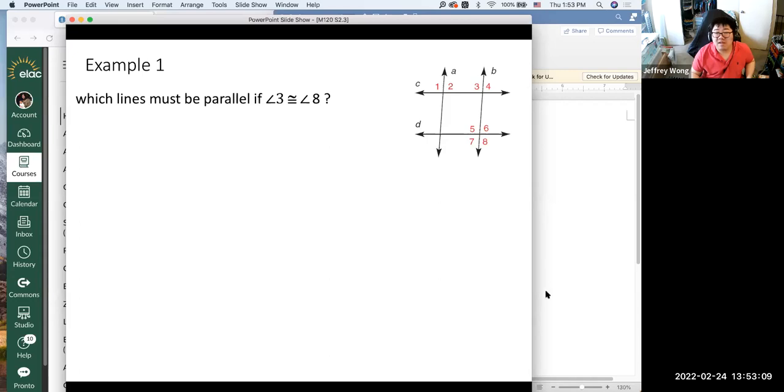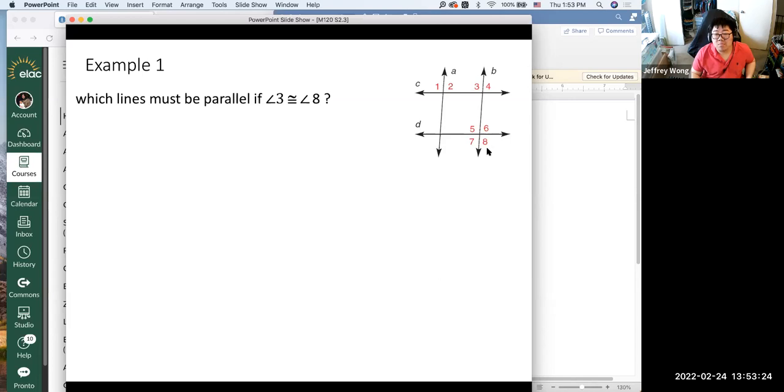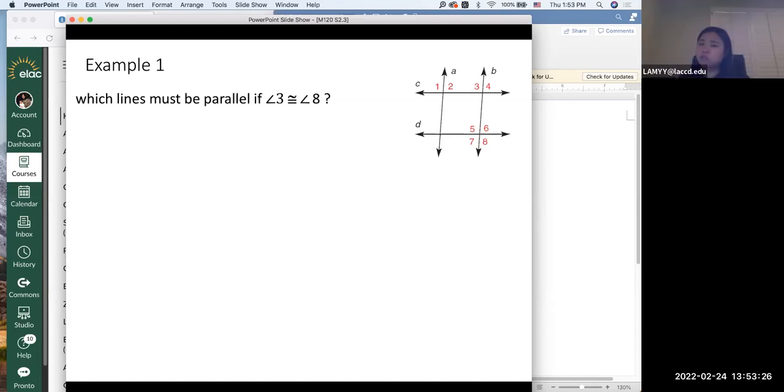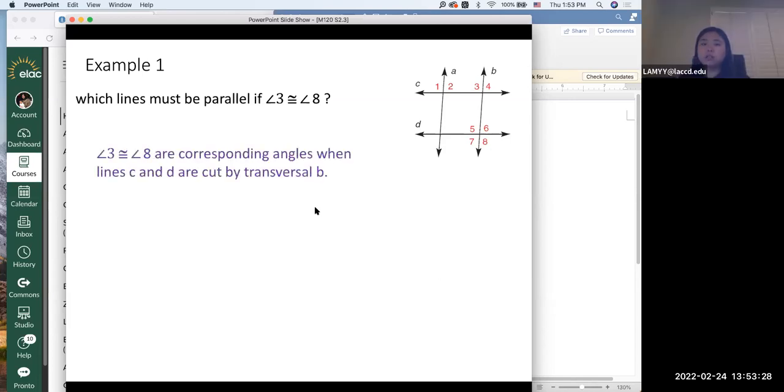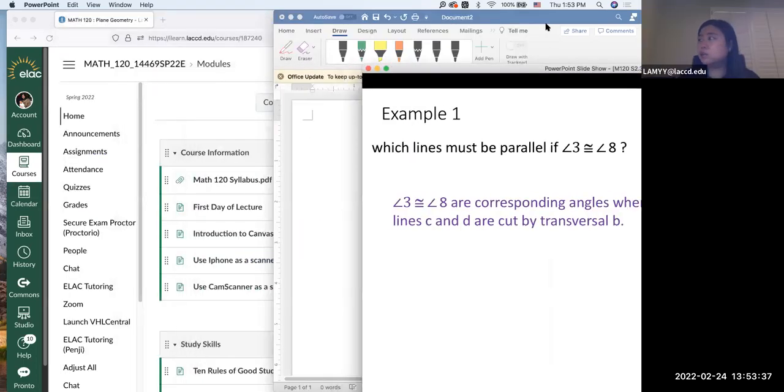Oh, line C and line D. Okay, first I want to know if angle 3 is congruent to angle 8, what is the reason? Exterior angles. Exterior angles are congruent, right? That's a mistake here. Hold on a second.